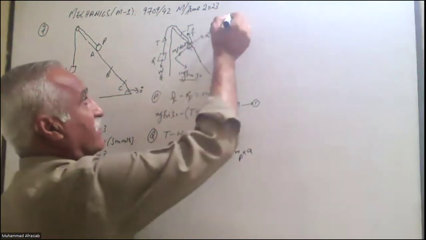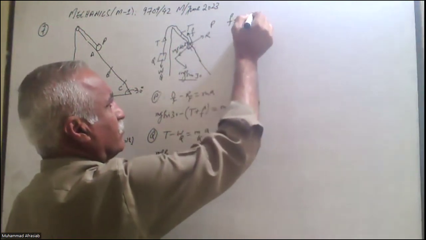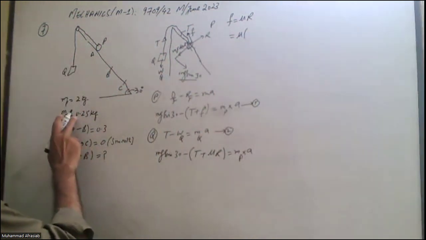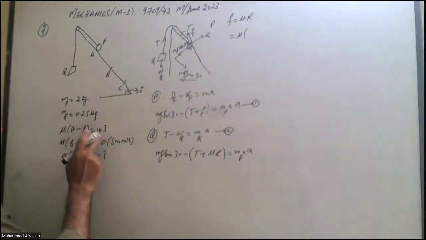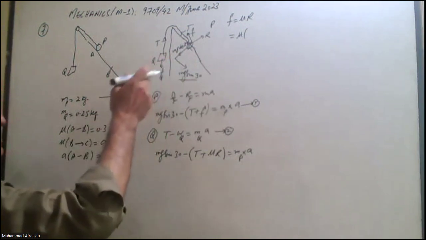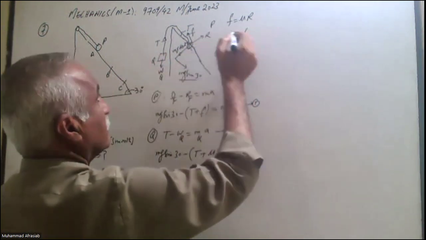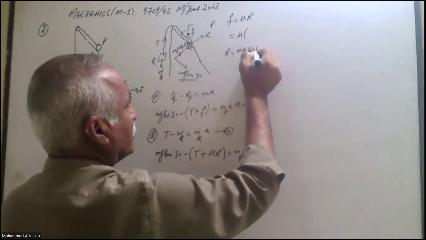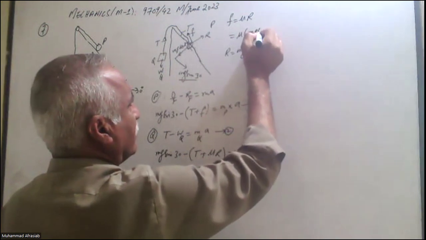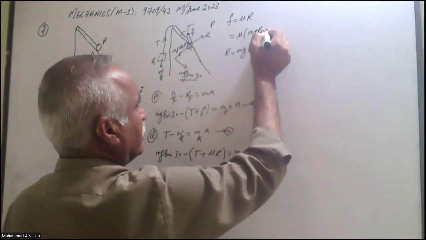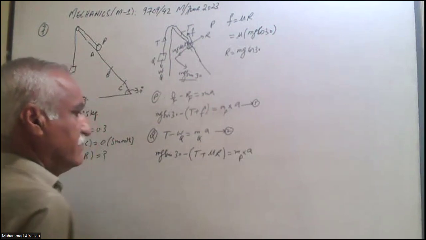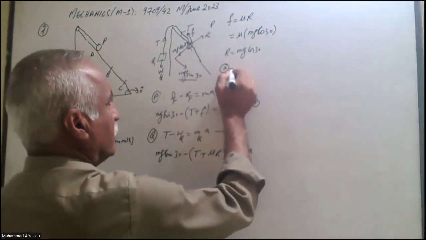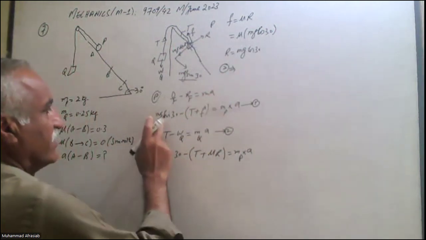The frictional force is equal to mu R. Mu is given to us for the rough surface between A and B, and that is 0.3, and R is equal to mg cos 30.